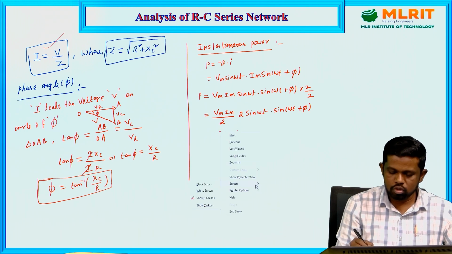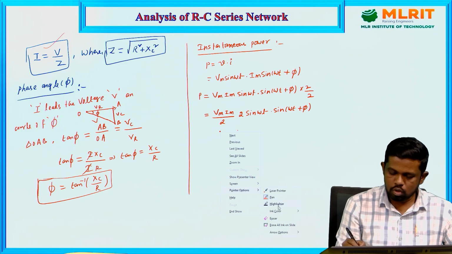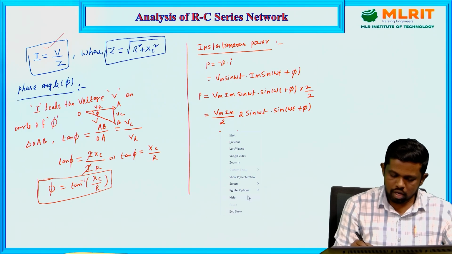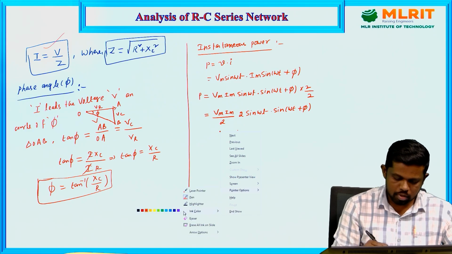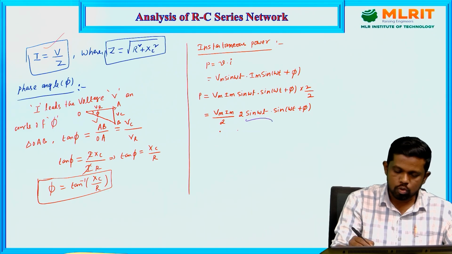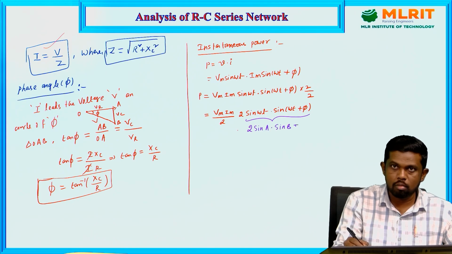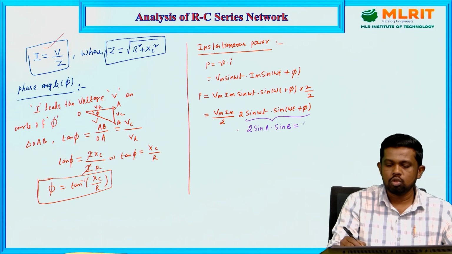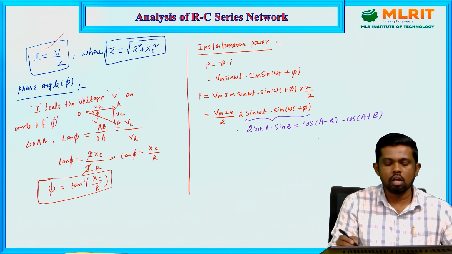The formula of 2 sin a sin b in trigonometry is cos of a minus b minus cos of a plus b. So this is the formula, and based on this we can expand this.